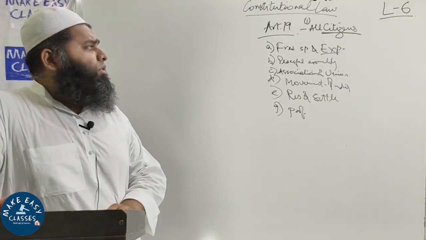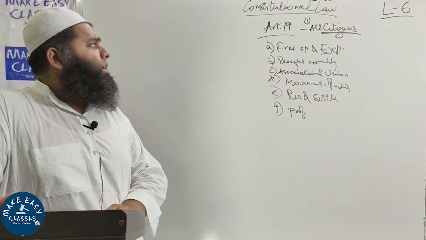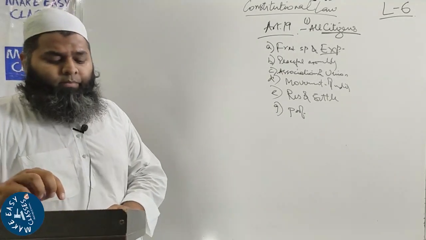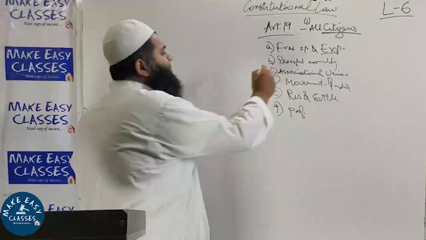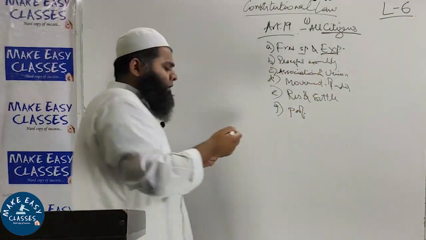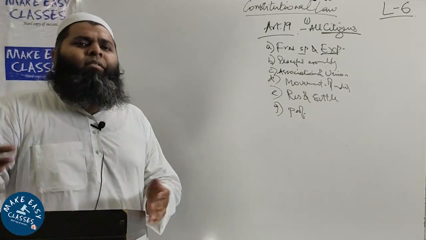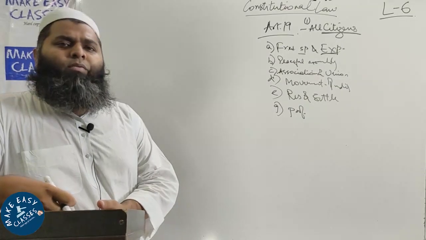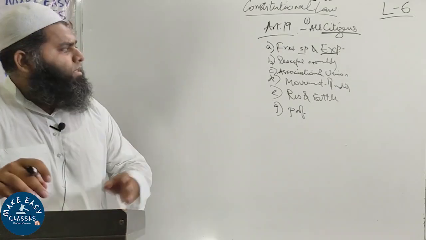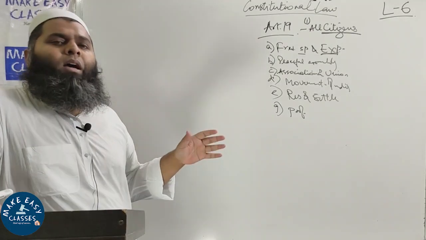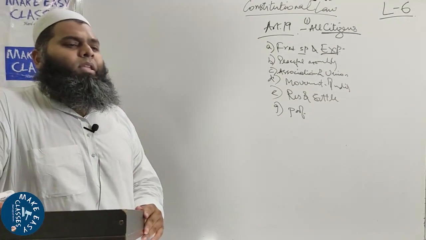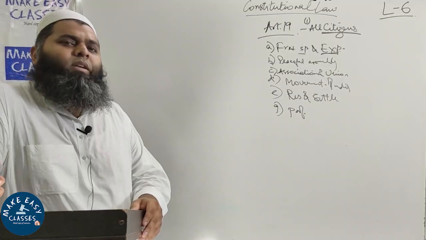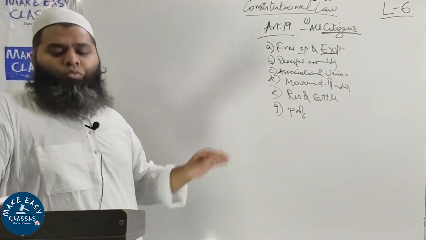So first of all, what is the first one in article 19(1)? That is A, freedom of speech and expression. Speech means speaking, and expression can be in any way, a literary work, an artistic work, and there are many ways. All these freedoms are not absolute freedoms, they are subject to certain restrictions, that we will deal with in Article 19 Clause 2.